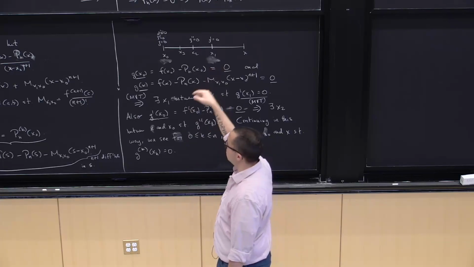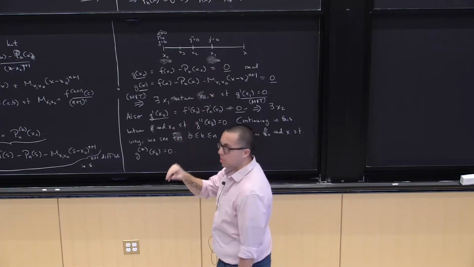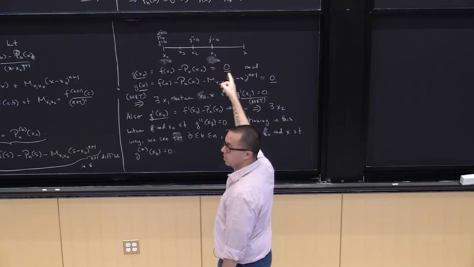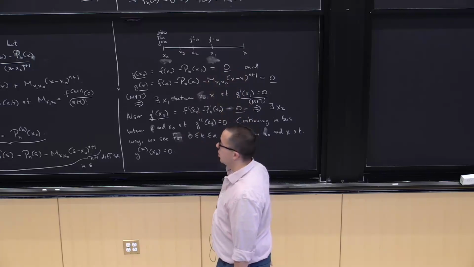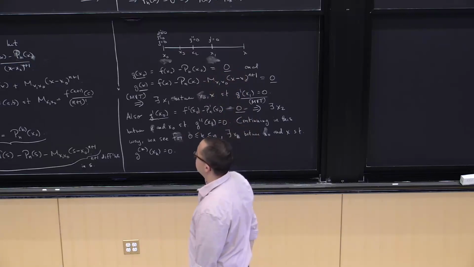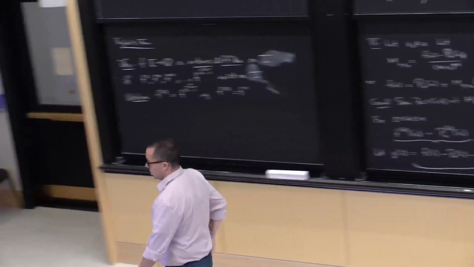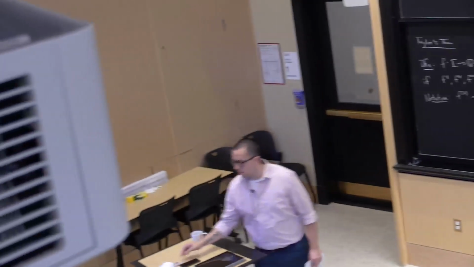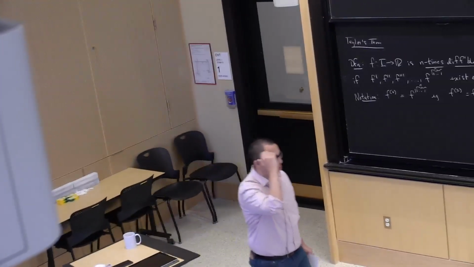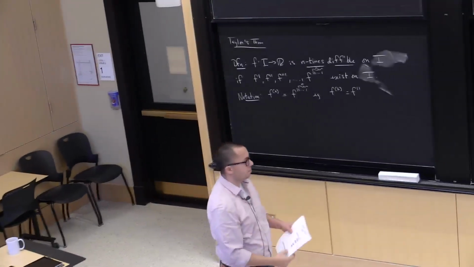Because we just saw from this example that the remainder term may end up being the entire function, okay? But that still doesn't make it any less useful in applications.